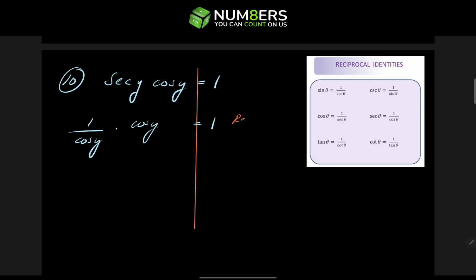So we write reciprocal identity. And then on the left, notice how cosine y and cosine y cancel each other out. So we're left with 1 equals 1, and that's simplifying. So we write simplifying on the right side. And we're done. We just simplified it, and that's it.